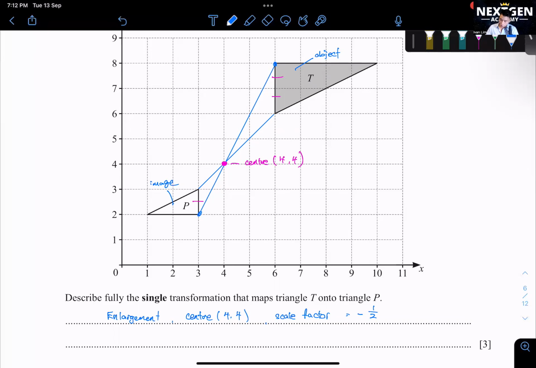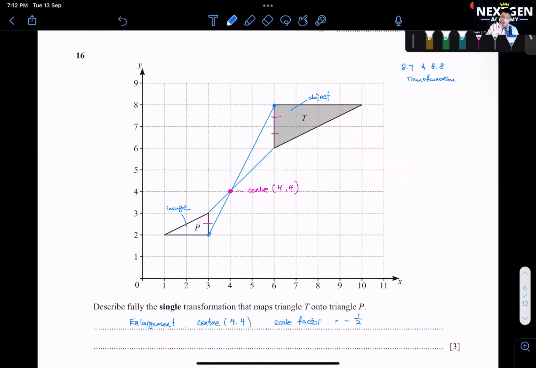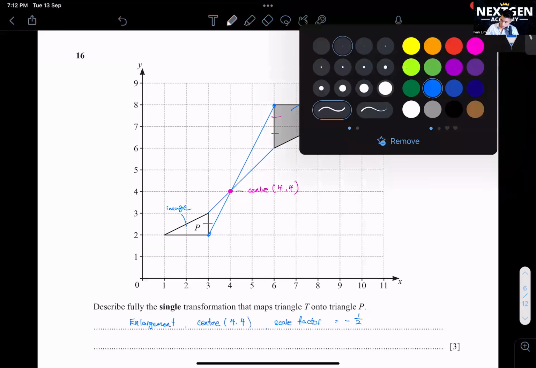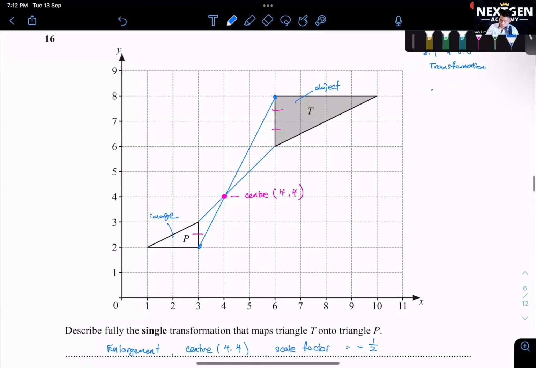All right, for those who don't understand this, there are 4 main transformations: enlargement, translation, reflection, and rotation, in no particular order.